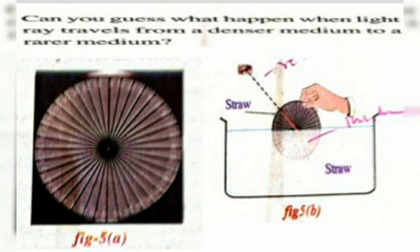Then adjust the other straw which is outside the water until both the straws appear to be in a single straight line. So one straw is inside the water and one straw is outside the water.